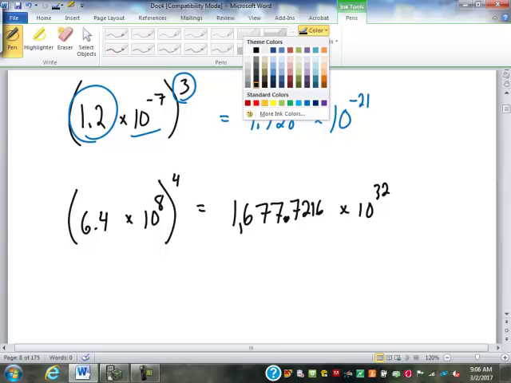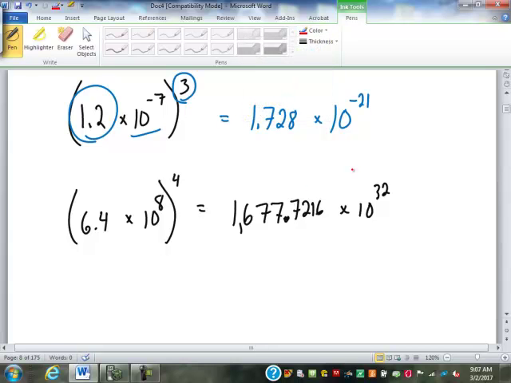Now here, we really got to move the decimal point, right? This number has way more than 1 digit in front of the decimal place. So we've got to move the decimal point 1, 2, 3 places to make this 1.678. Actually, it should go 1.678, not 778. We're going to round it off there.